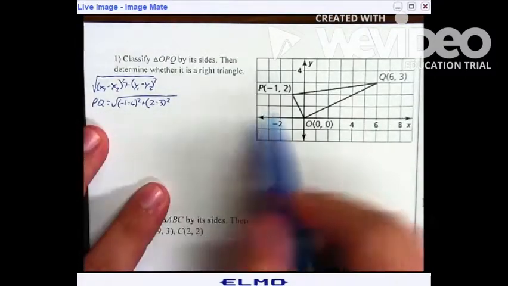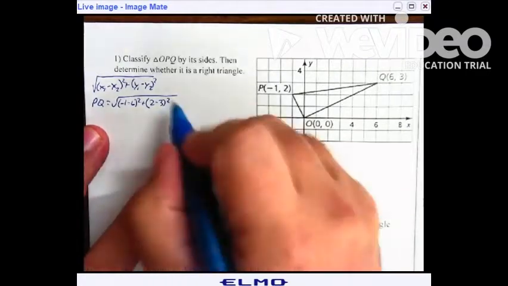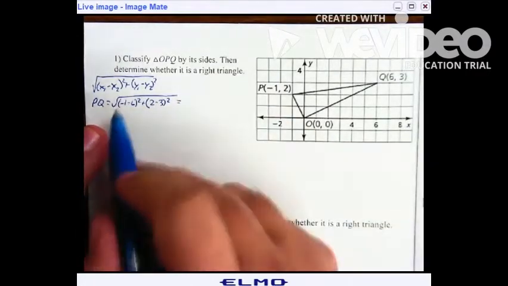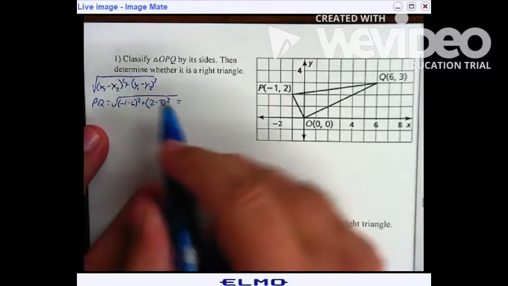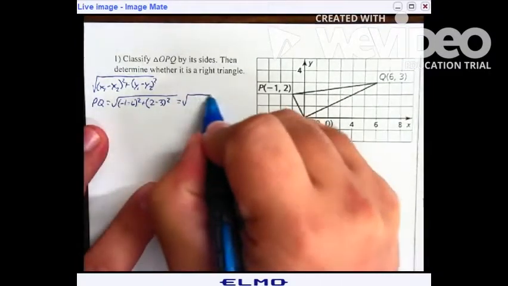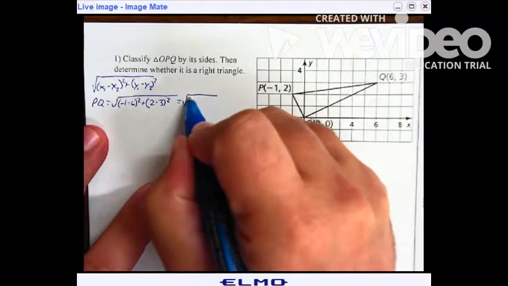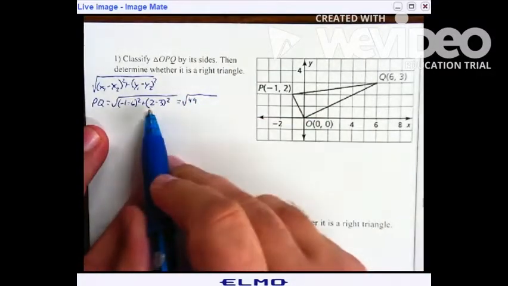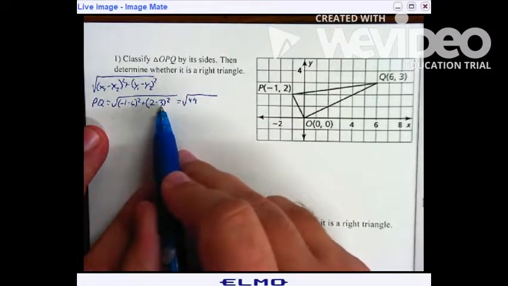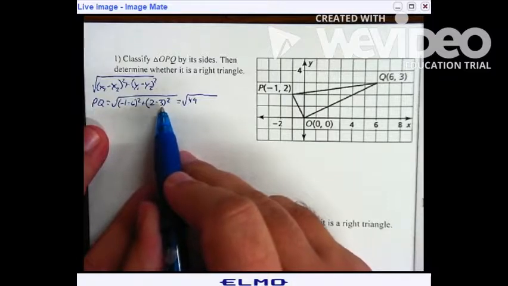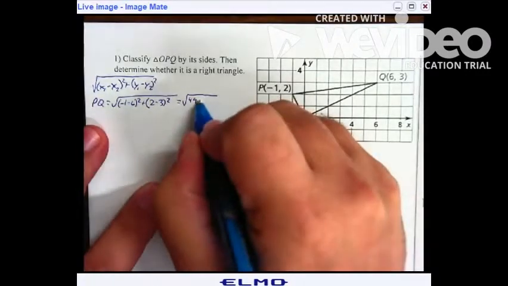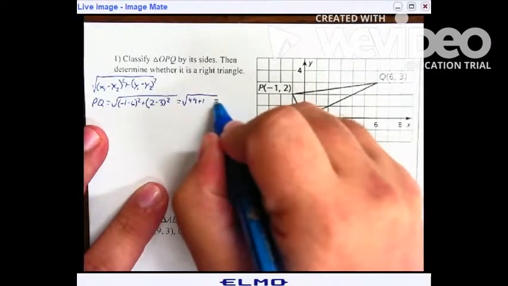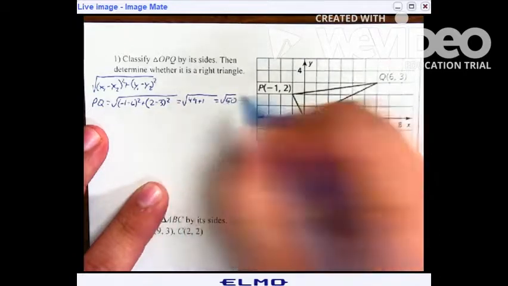I did PQ, so we're going to do PQ. -1 minus 6 is -7, and -7 squared is 49. Write that down before I forget it. 2 minus 3 is -1, and -1 squared is +1. And so I end up with the square root of 50.